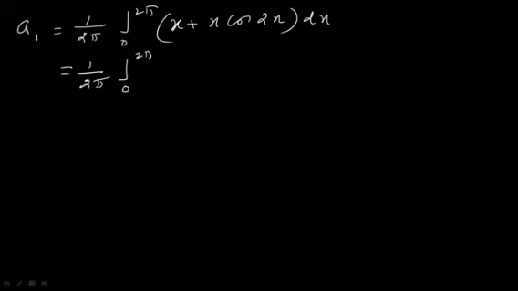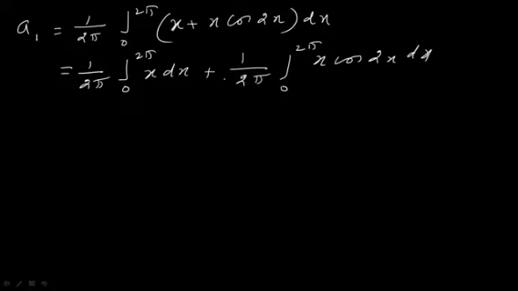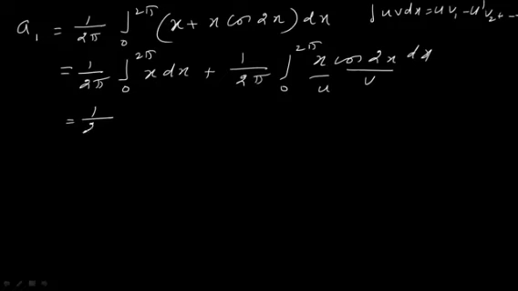Okay. Integral 0 to 2 pi x dx plus 1 by 2 pi integral 0 to 2 pi x cos 2x dx. So this is the simple integration, but here you make use of the Bernoulli's formula, integral uv dx is equal to u v1 minus u dash v2 plus etc. So that is equal to 1 by 2 pi.